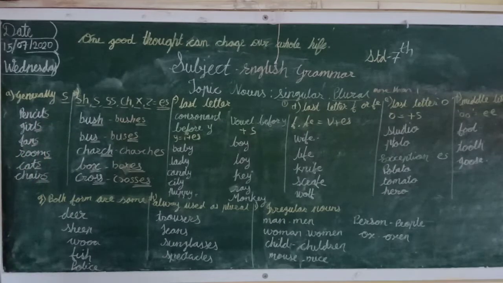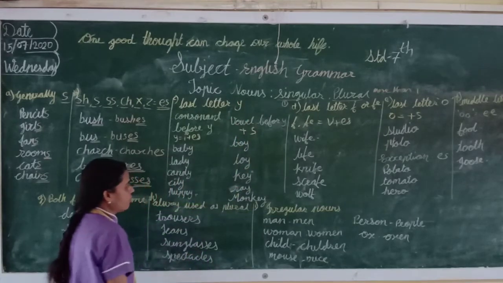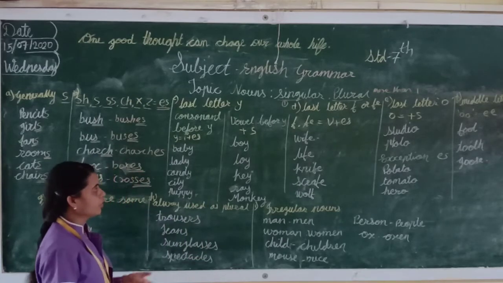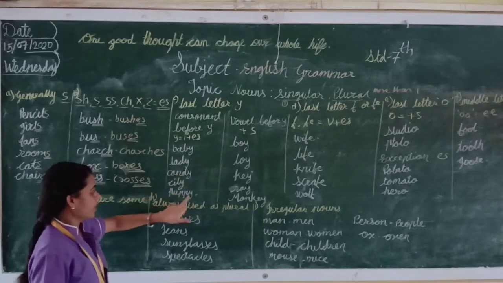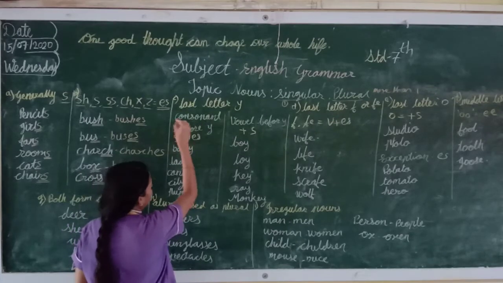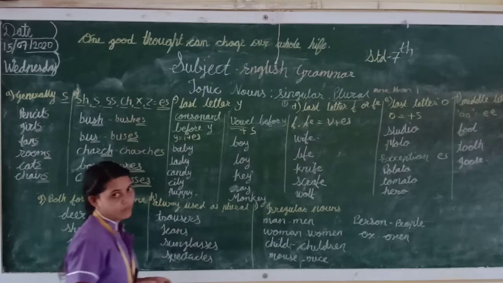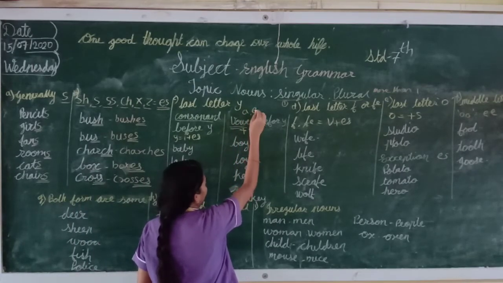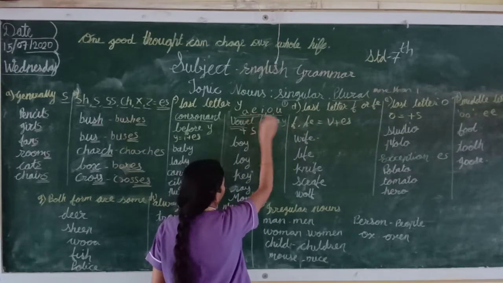Now next, when the last letter is y, what will we do? There are two cases: a consonant before y, or a vowel before y. Students, we already learned the vowels. Which are the vowels? A, E, I, O, U. These are the 5 vowels.